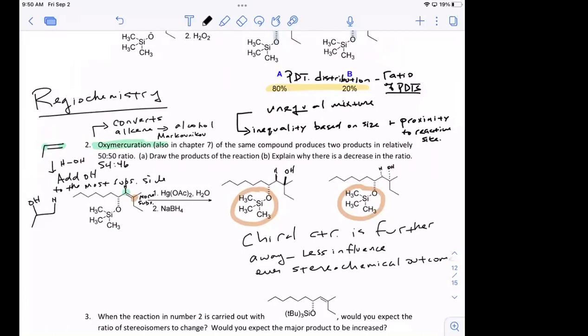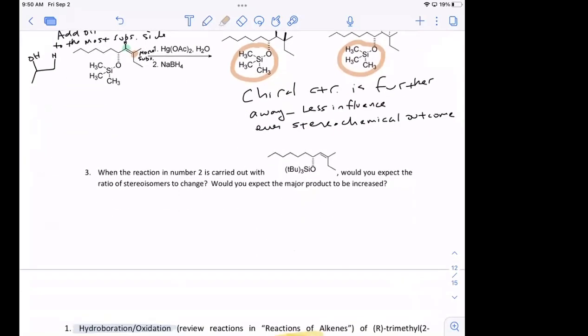And when we change the size, which is what the next question is, which I'm not going to go over today, we'll pick this up on Wednesday. When the size changes, it also changes the outcome. It's going to really change the ratio.